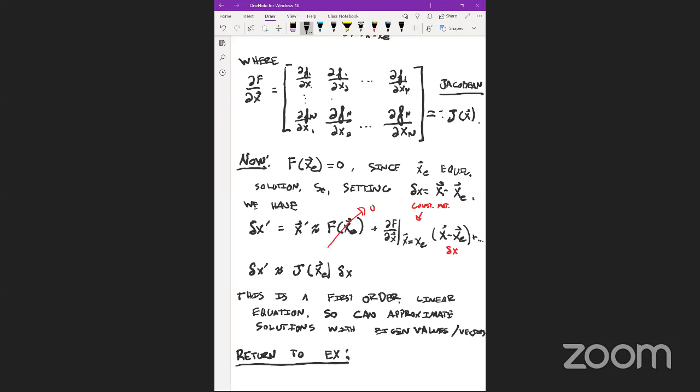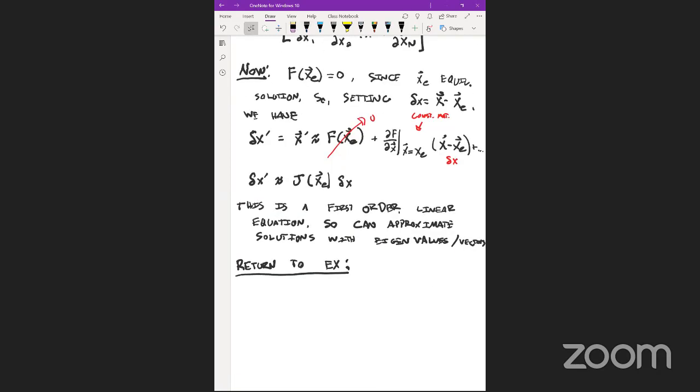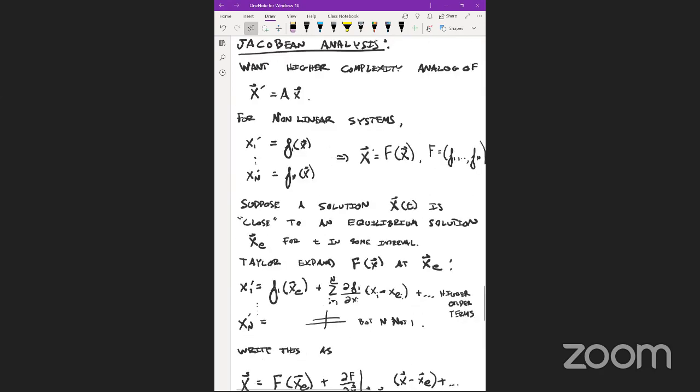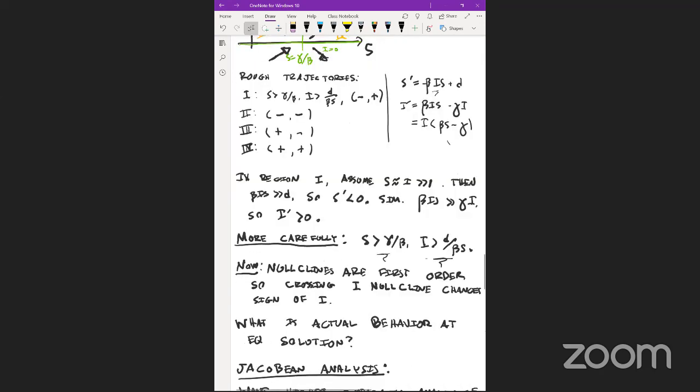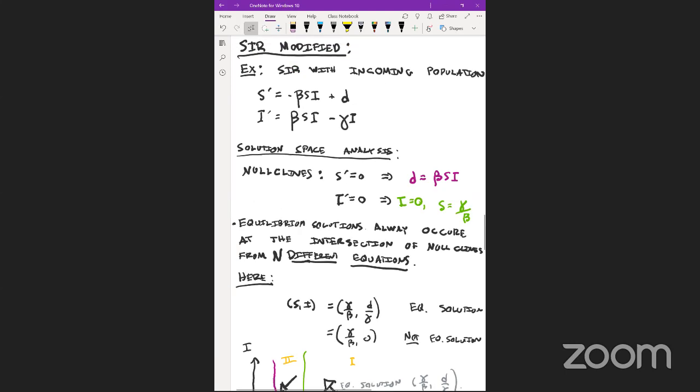Okay, so returning to our example, what did we have? We had this SIR with death, sorry, with an incoming population.